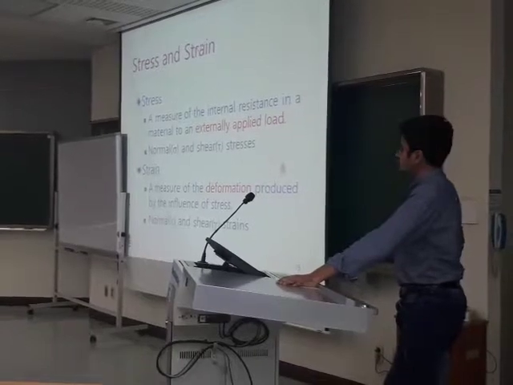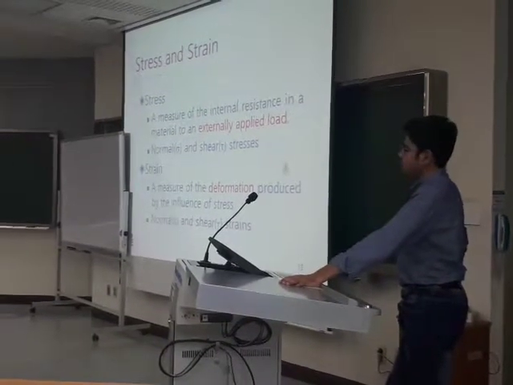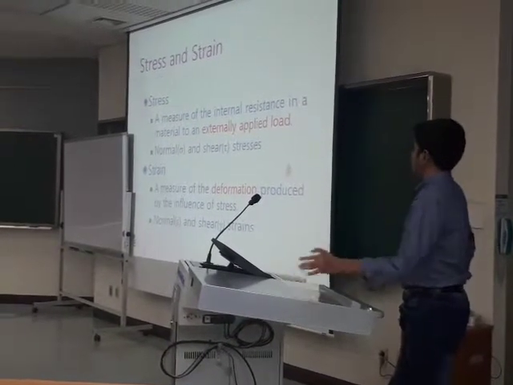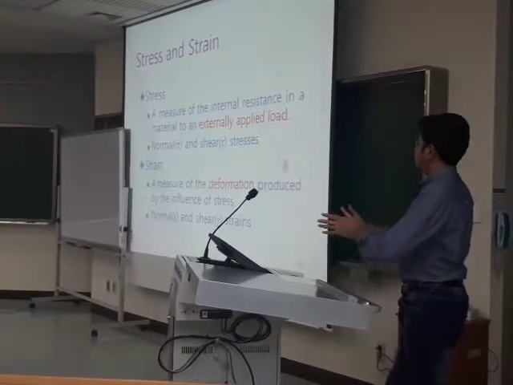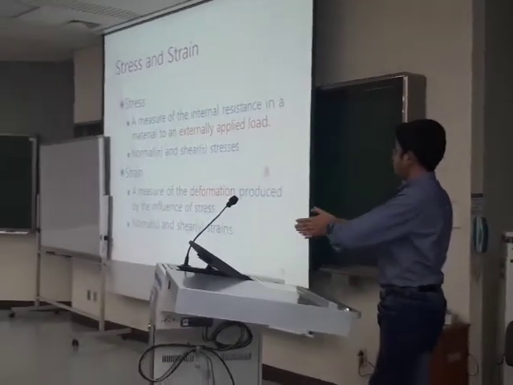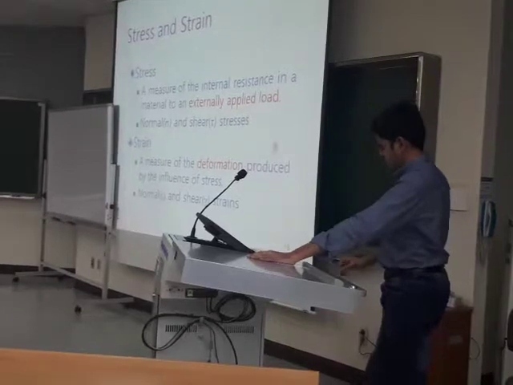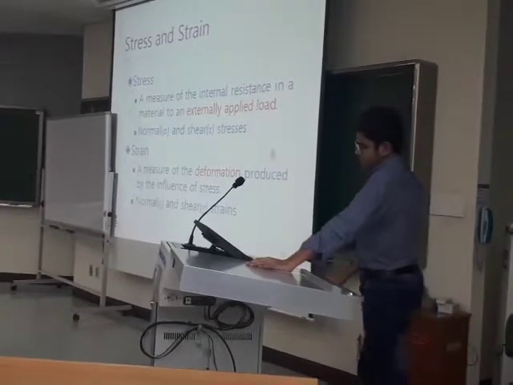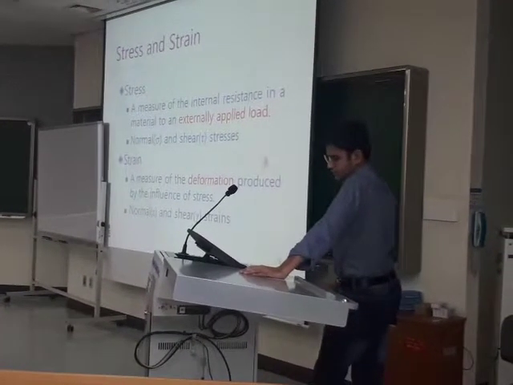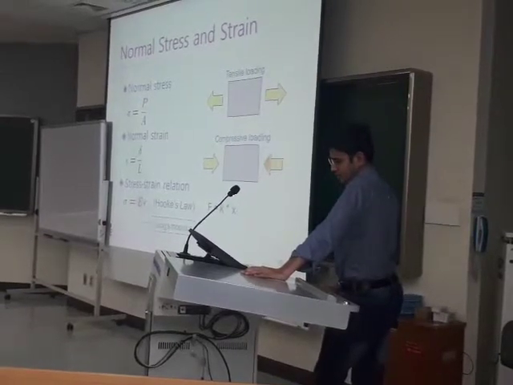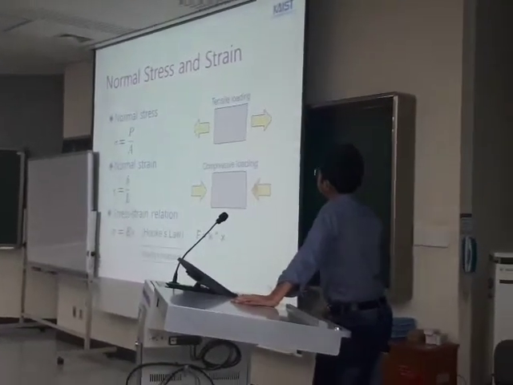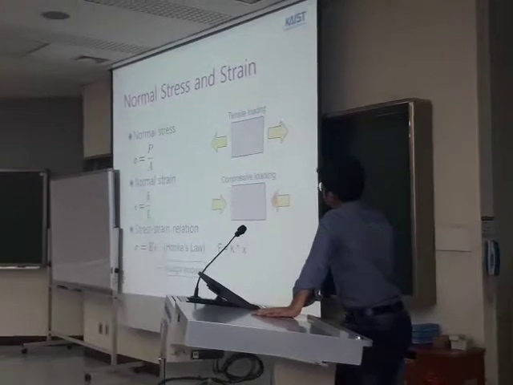It is a unitless quantity, and it is the ratio of the elongated length or increased length over the original length. It can also be normal and shear depending on the stress. There is a description of normal stress and strain.